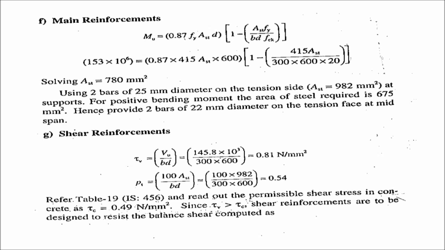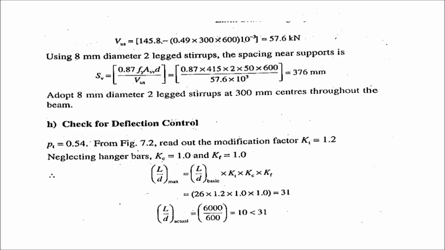Since tau v is greater than tau c, shear reinforcement is to be designed to resist the balance shear, computed as Vus is equal to 145.8 minus 0.49 into 300 into 600 into 10 power minus 3. We get the value 57.6 kilonewtons.